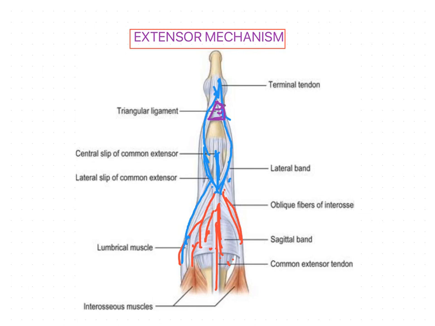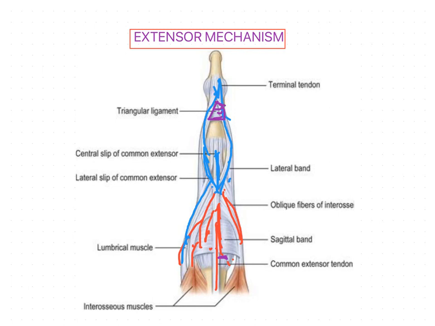The dorsal hood is also attached to the transverse metacarpal ligament at this level, which helps prevent bowstringing of the extensor tendon.